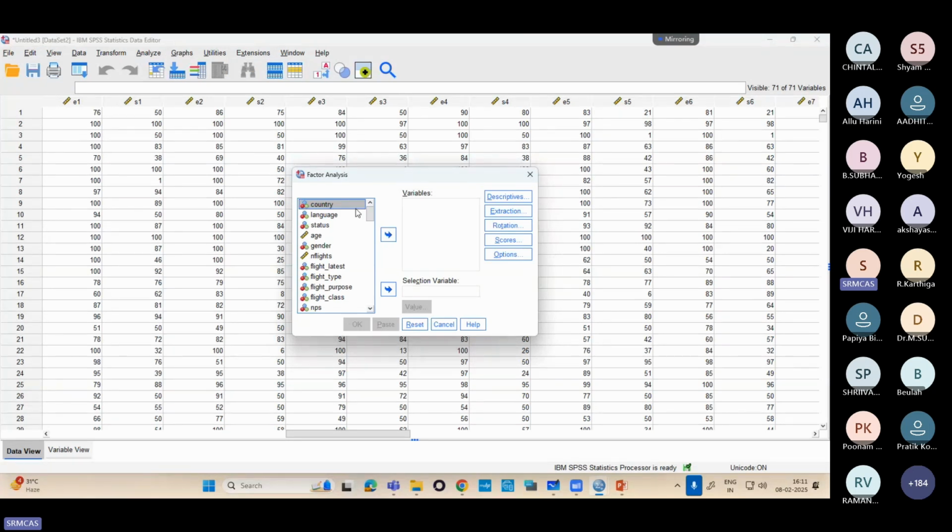Then you have to select the variables you are interested in for the factor analysis. Here our interest is all S1 up to S8 variables, S2, S3, S4, S5, S6.